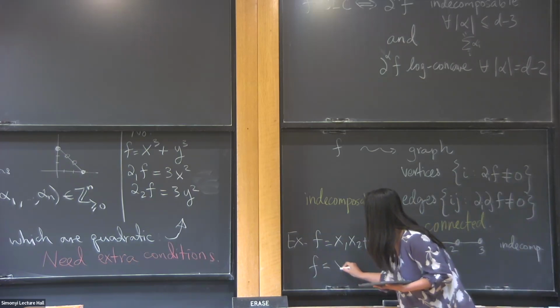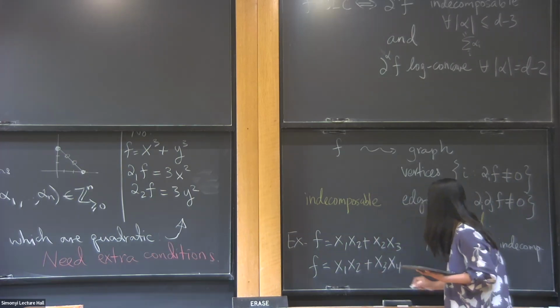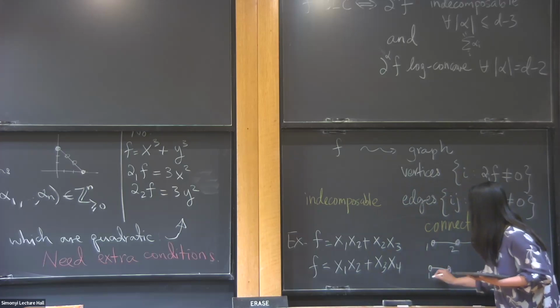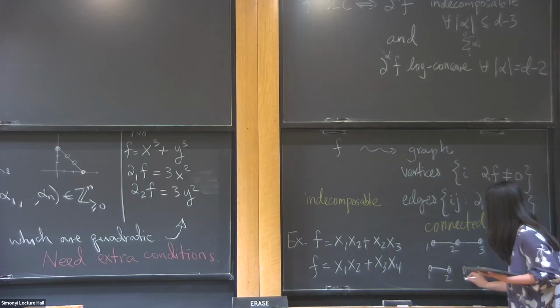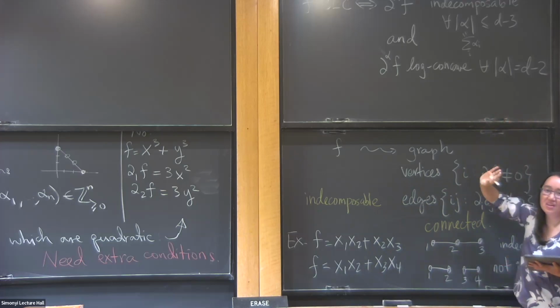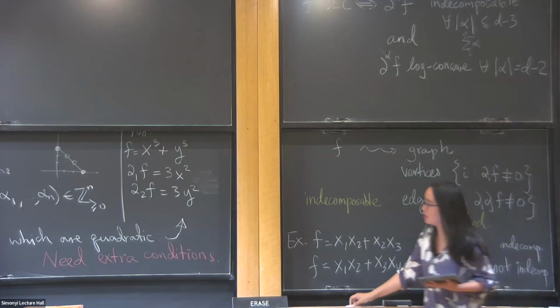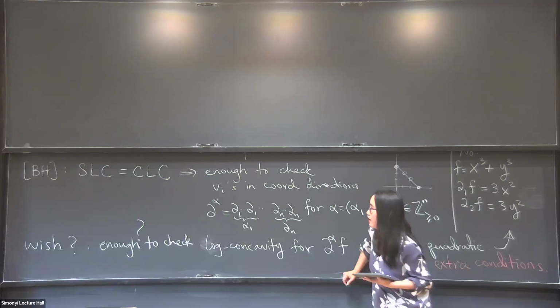But if they are on disjoint sets of variables, like x1 x2 plus x3 x4, then only 1 and 2 appear together, and 3 and 4 appear together. So the graph is disconnected, and it is not indecomposable. This theorem is not very easy to prove. It is proven in the paper, but it reduces the problem of checking Lorentzianness to a finite computation.